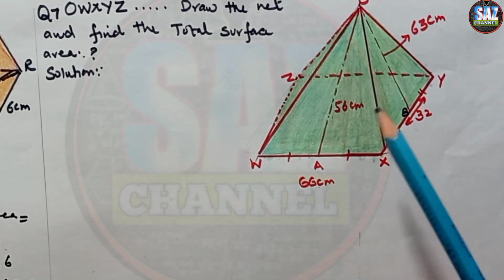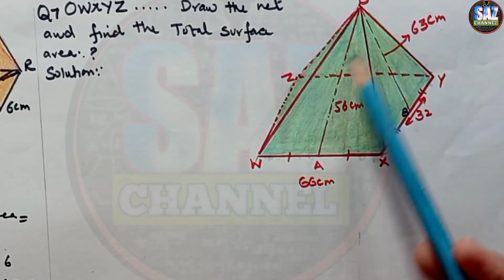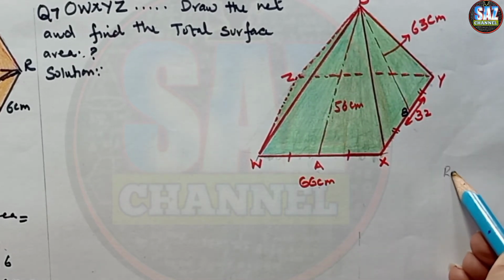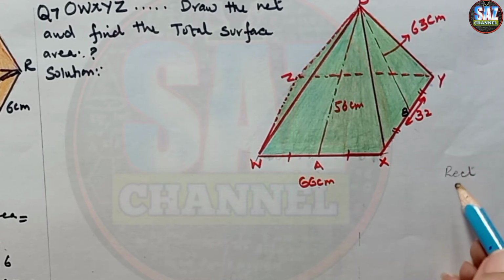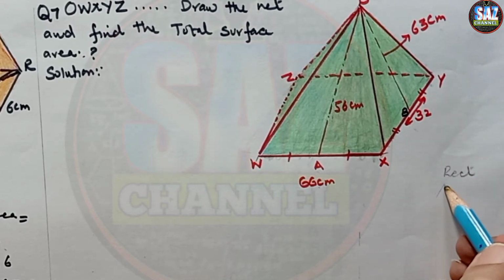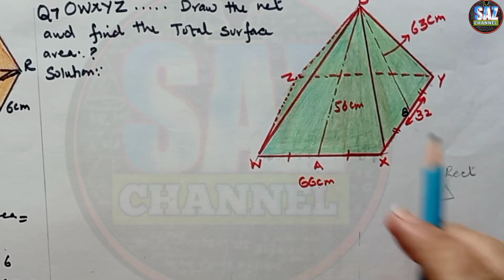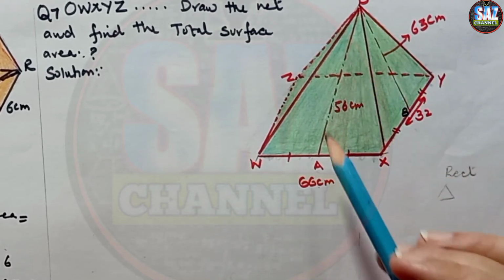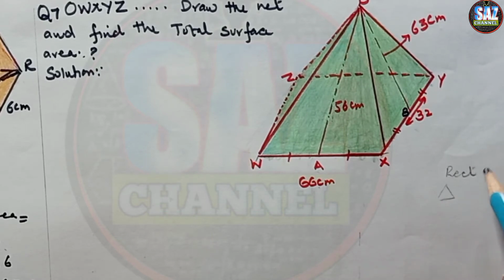pyramid, we know that pyramid consists of different faces. It has a polygonal base, which is a rectangle, okay, and then it has the triangular faces, okay, 4 triangular faces at the top. So the total area of this pyramid will be equal to area of faces, total area faces.